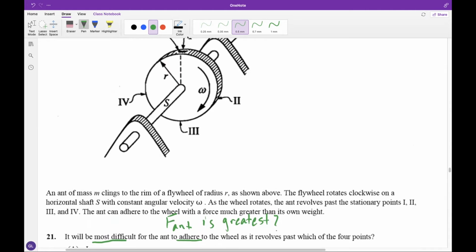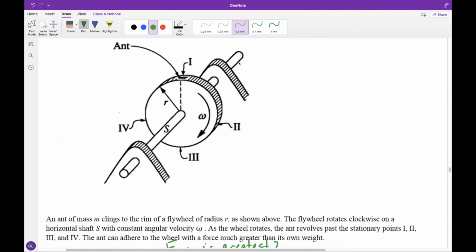Well, let's go ahead and draw some free body diagrams. So when the ant is in position 1, do you think it has to grip onto the wheel a whole lot? Probably not really, because it just has to sit on it at that point. It just needs to stand on it, and it doesn't have to try to stay on the wheel because its weight is going to press it into the wheel here. But if we wanted to, on position 1, we have the normal force from the wheel.